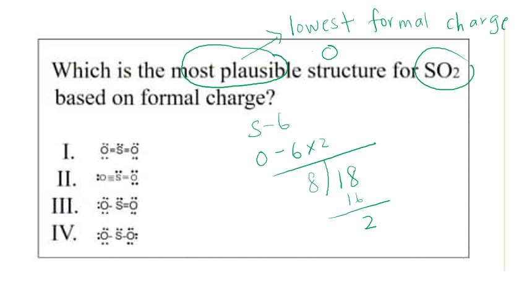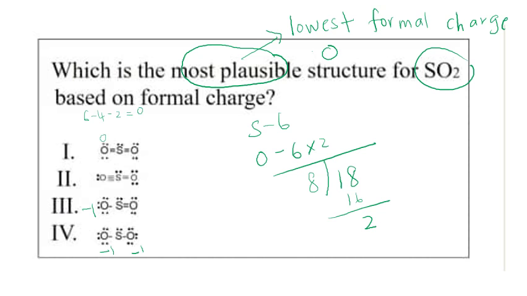Just now we already did the calculation in the previous question. If the oxygen has a single bond, the formal charge is -1. So this one is -1, -1, -1. For the oxygen with a double bond, 6 minus 4 unshared lone pair electrons, and then number of bonds 2, so equal to 0.